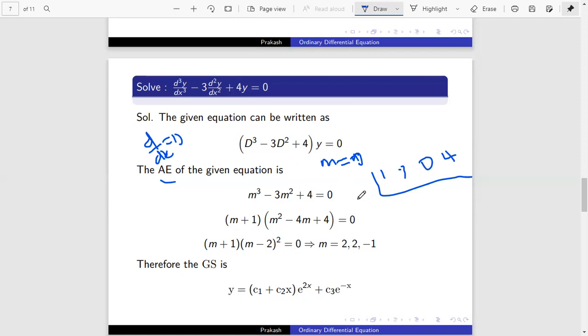Now you can apply the trial and error method, with 1 or minus 1 like that. If we take minus 1, we can write minus 1.